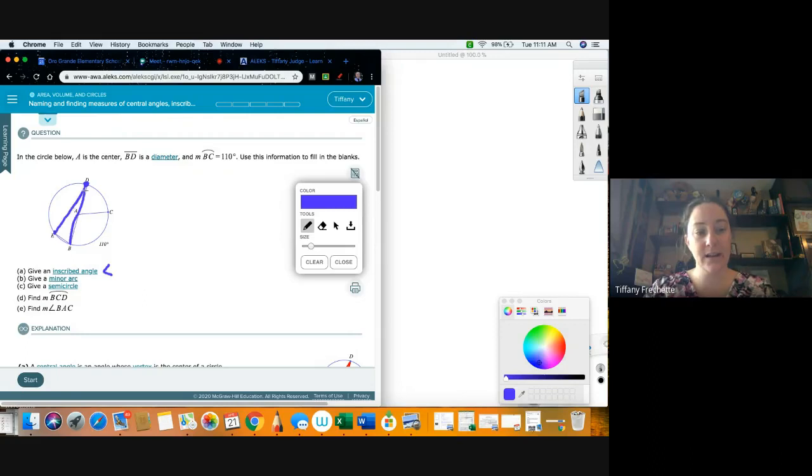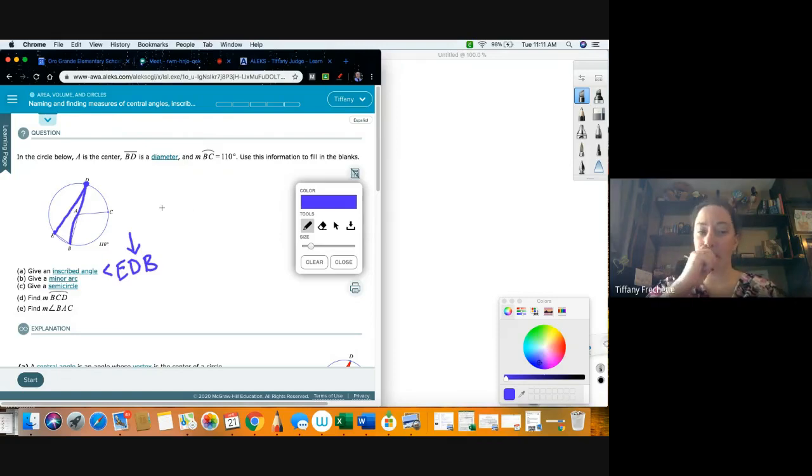So E, D, B. I can also go backwards, so it could also be B, D, E, as long as D is in the middle, because that's the vertex. So D has to be in the middle there, and then E and B are the other 2 endpoints of the angle.